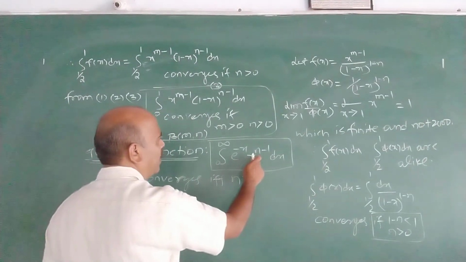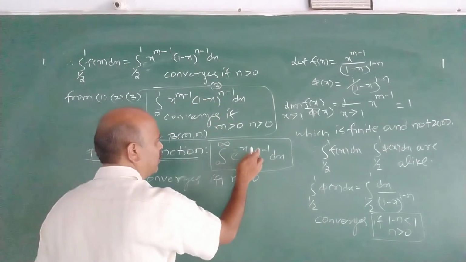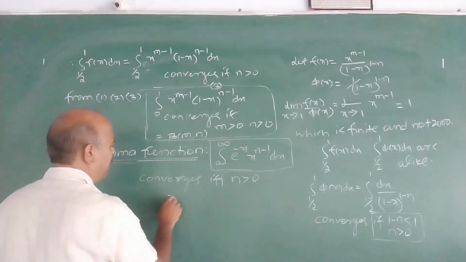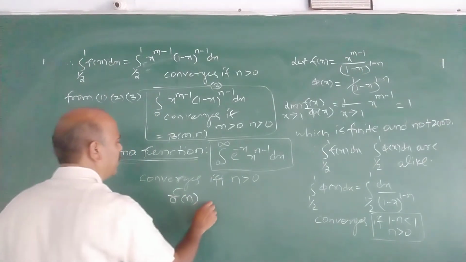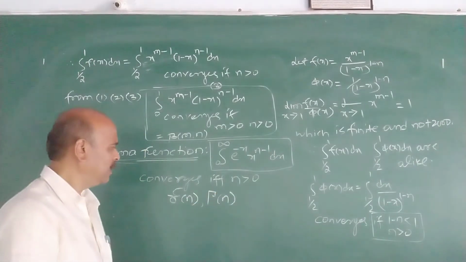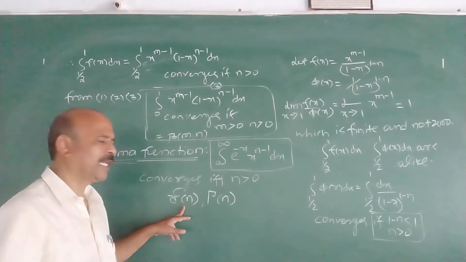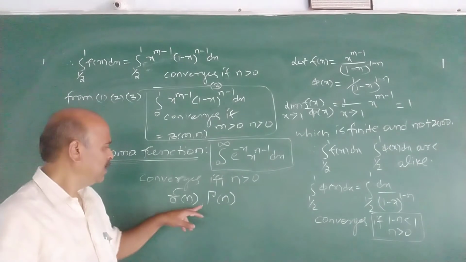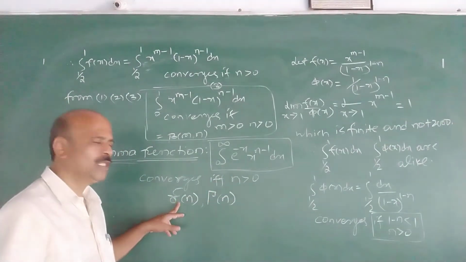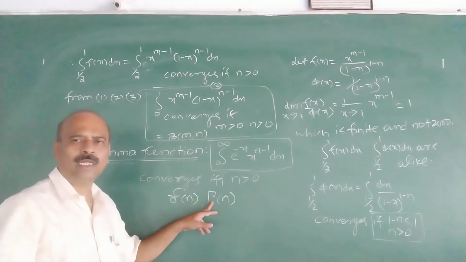Unlike the beta function, which is a function of two variables m and n, it is a function of n. It converges only when n is greater than 0, and it is denoted by gamma n. You know the Greek letter gamma, uppercase and lowercase, but I prefer this one, gamma n. Further, in the discussion of the gamma and beta functions, I may use only this notation, but sometimes it is denoted by this also.